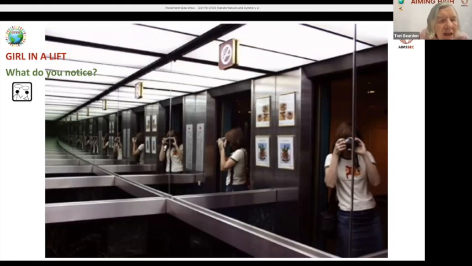It seems to go on forever. We see this girl with her camera, and then we see her again and again and again, and so on. And it gets a little bit dark and not very clear at this far end, and Pamela's absolutely right.